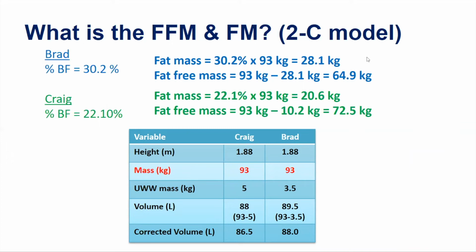So you can see how the two-compartment model is applied, where we take the percentage of body fat, multiply it by their body weight, and that absolute weight or mass represents their fat mass. And when you take this mass and you subtract it from their entire body weight, you would determine their fat-free mass. And I just found that this is a typo here. So this should be 20.6 kilograms in this blank.